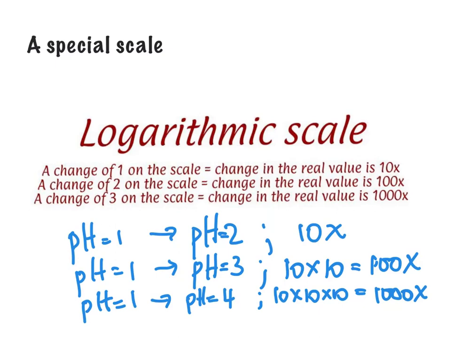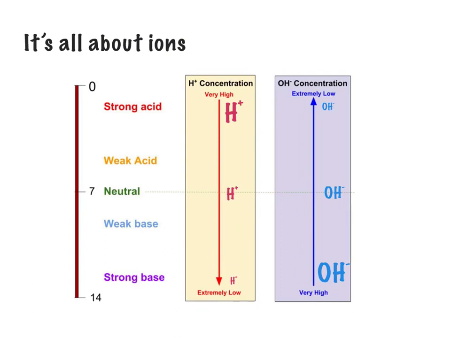So how about we combine all that in the end? Here I've tried to combine it. I've got our picture over here which we had to start off with, which has got strong and weak acids. Now I put in here about H pluses. Now there are always H pluses and OH minuses in the water.